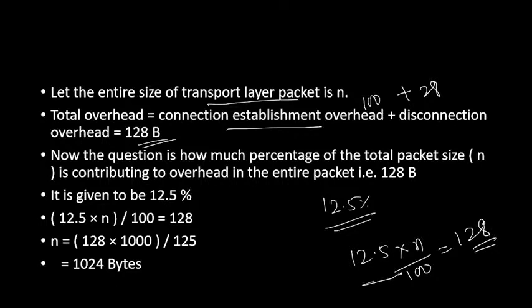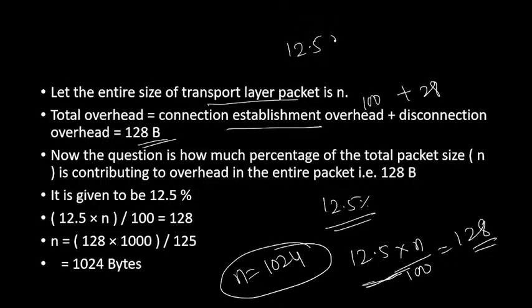How much percentage of the total packet size is contributing to the overhead in the entire packet, that is 128 bytes. So here you can calculate the n value will come around 1024 bytes.